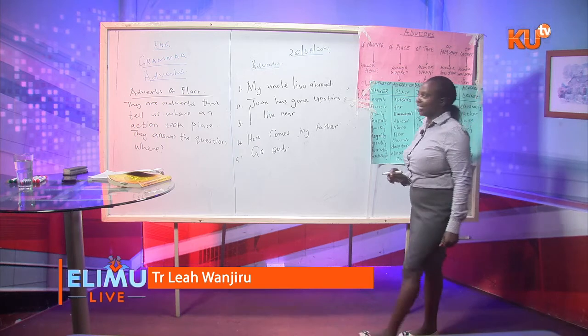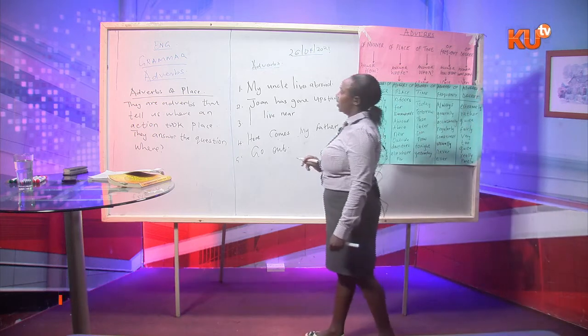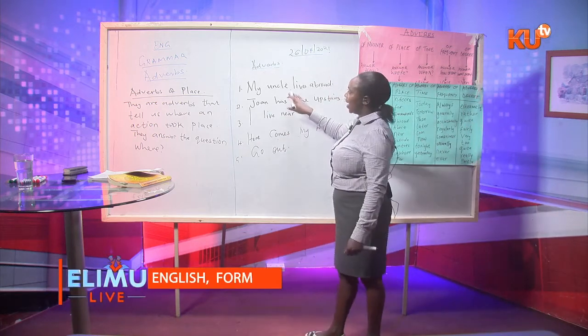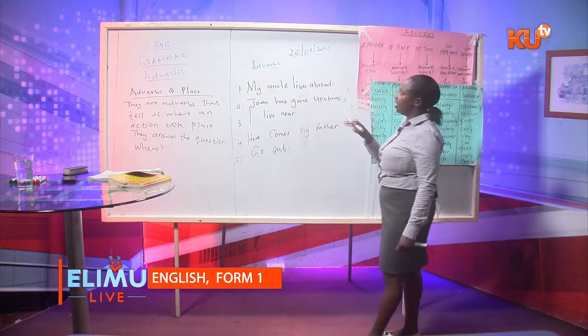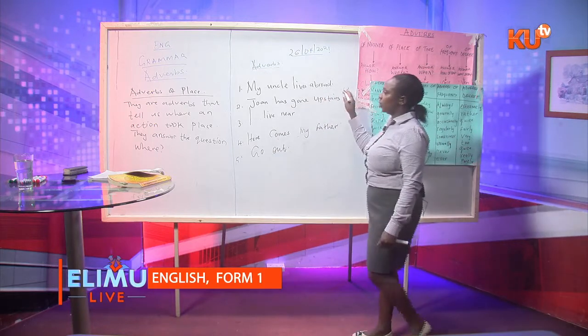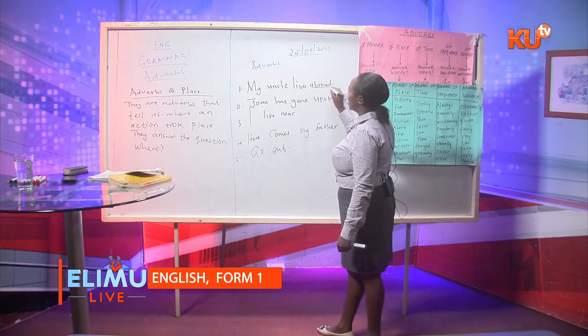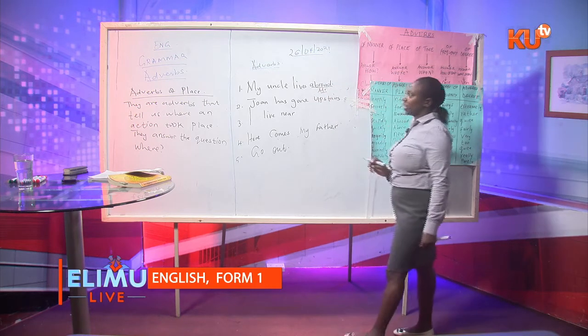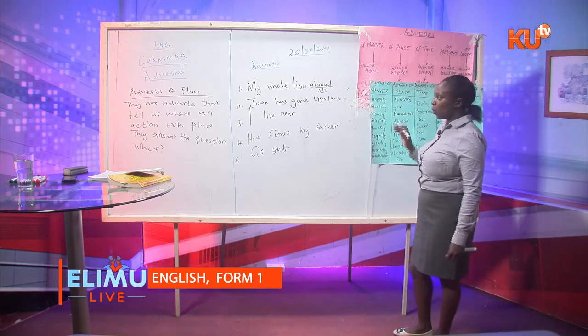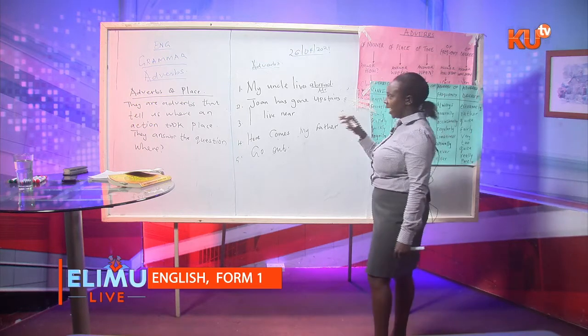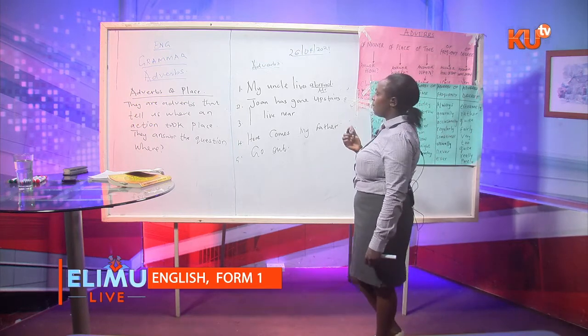Let us look at example number 1. My uncle lives abroad. Abroad is our adverb of place, trying to answer the question where my uncle lives.